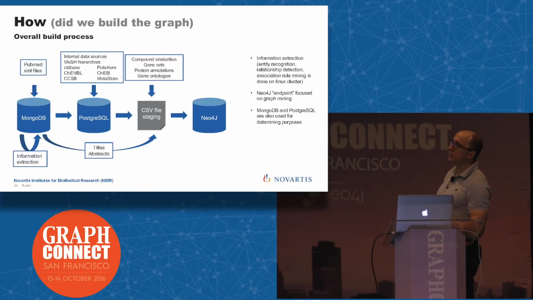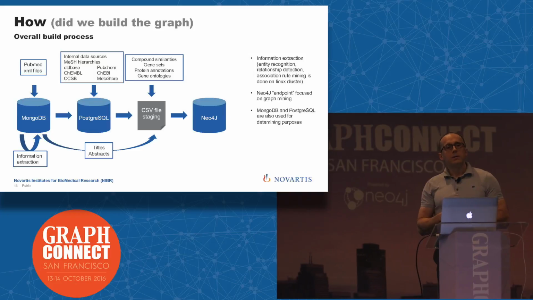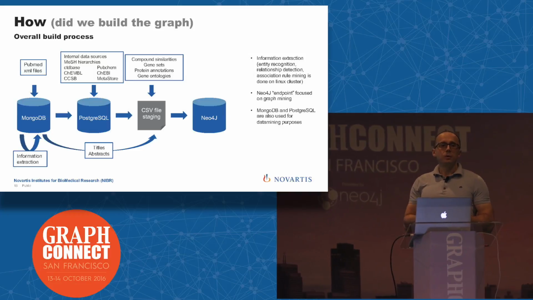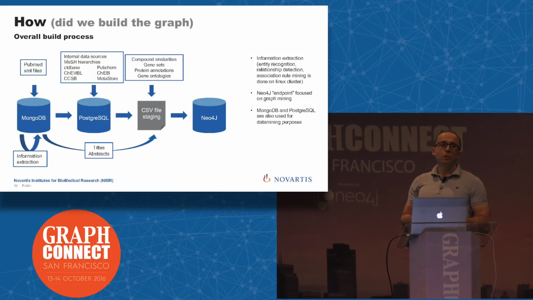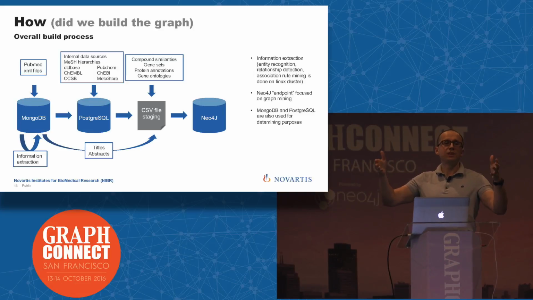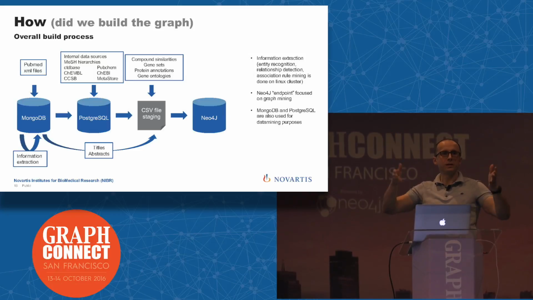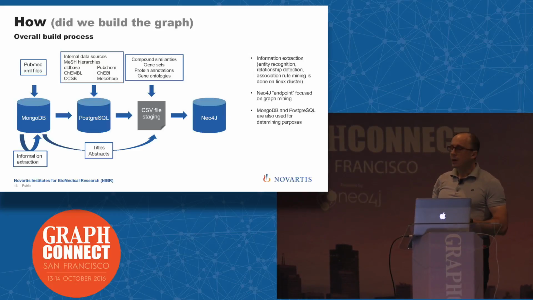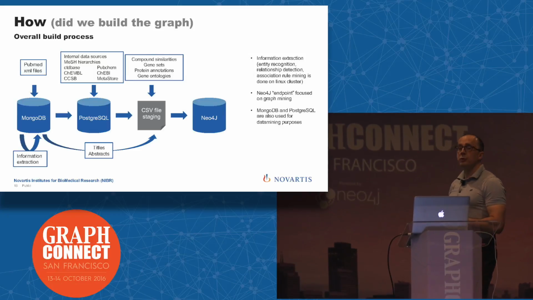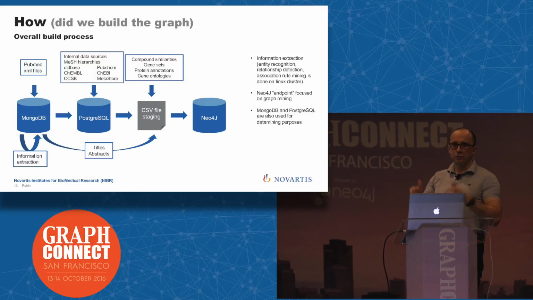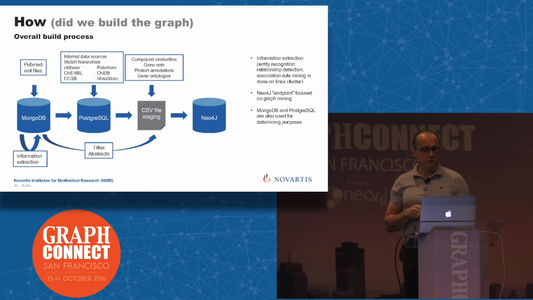The PostgreSQL database that is there in the middle, the main reason is that we are using existing data warehouses at Novartis where there is already work that has been done to do some pre-summarization of data, internal and external, and we can just do ETLs to get this into this Postgres database. And that is, for us, very fortunate. I mean, there were many years that went into these upstream data warehouses, as you can imagine.